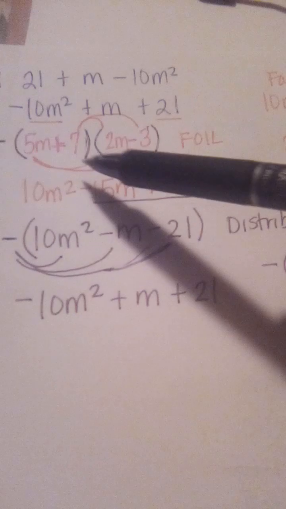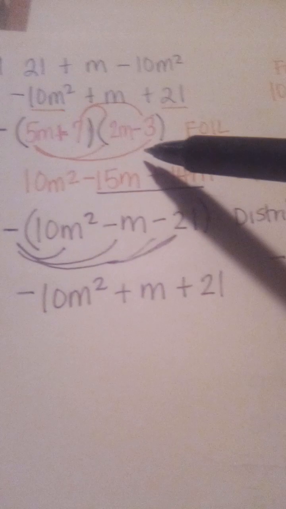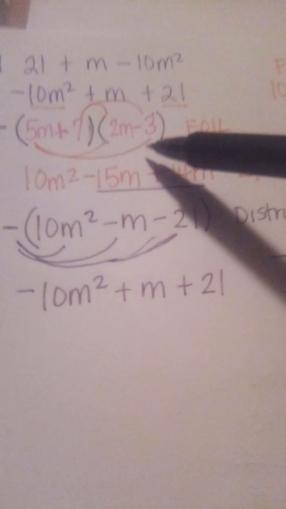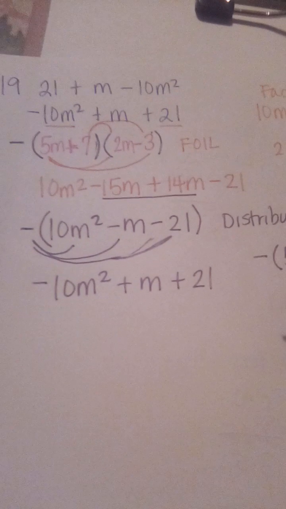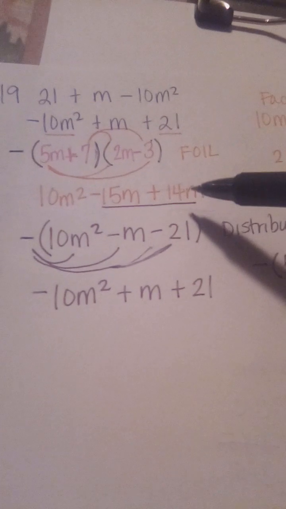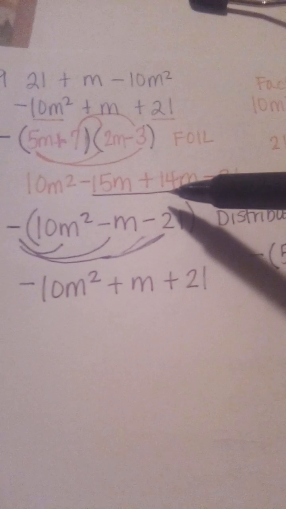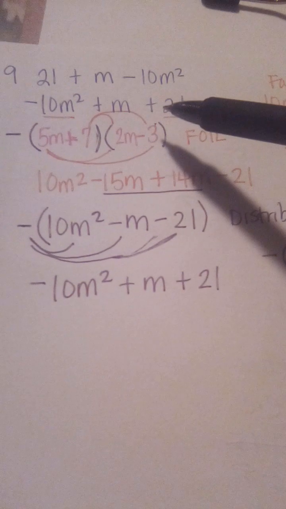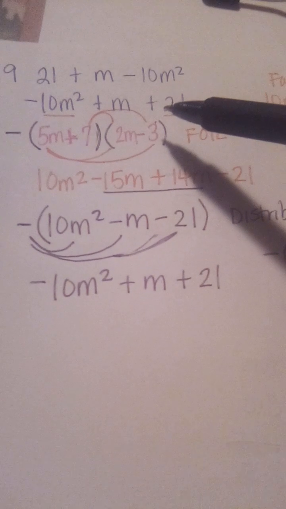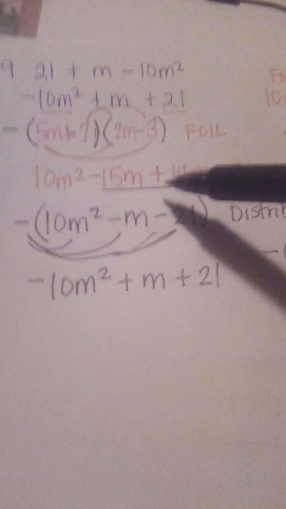And then once you see that problem completed, you do FOIL, and the rest is history. Once you're done with FOIL, you combine like terms, and then this will almost match the new reordered problem.